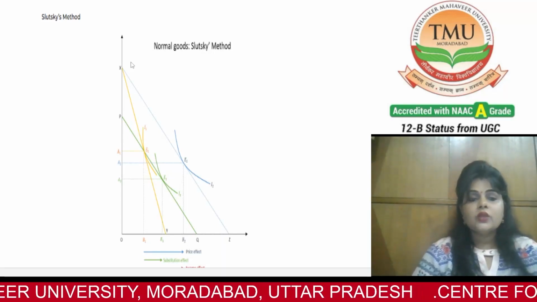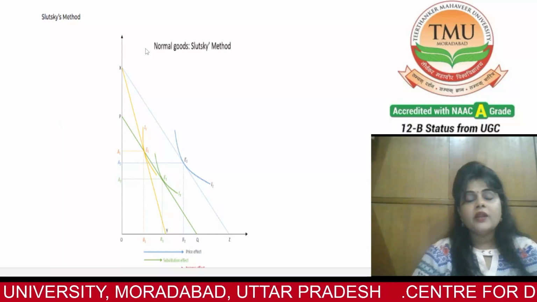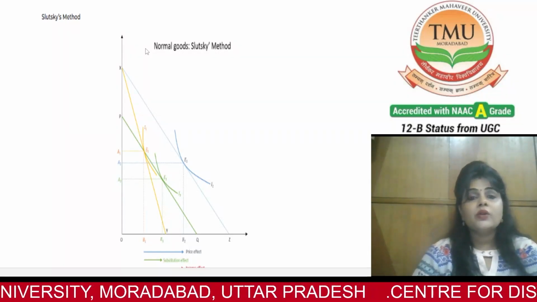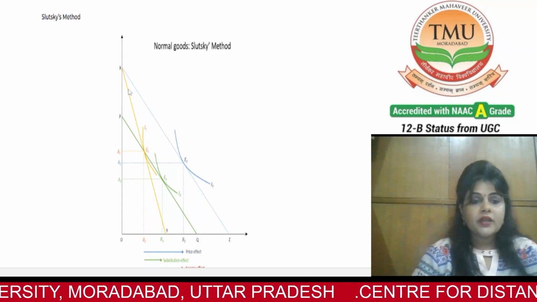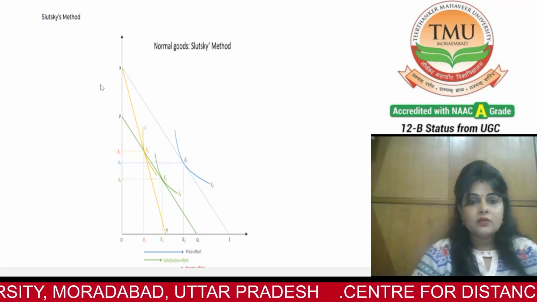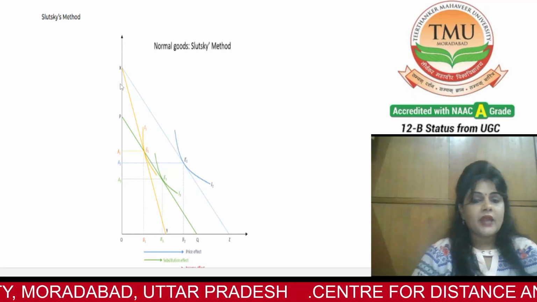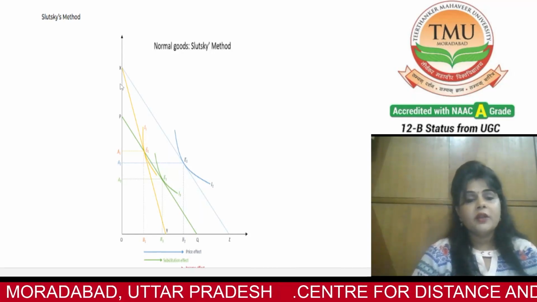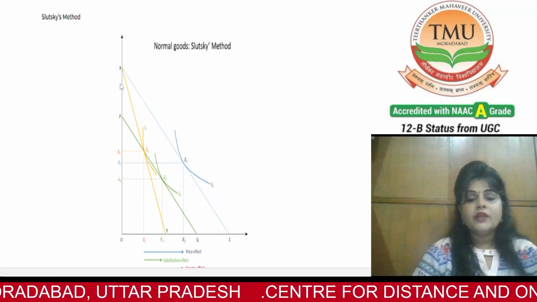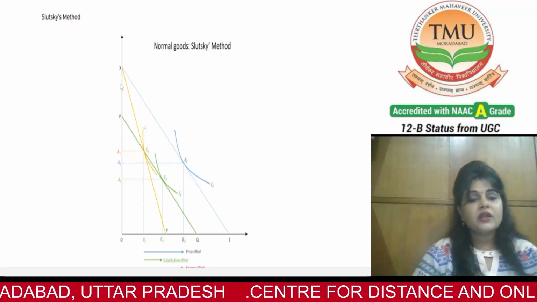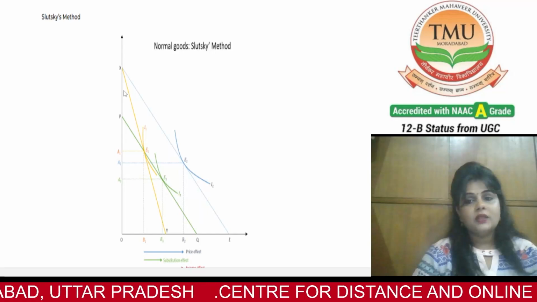At this new equilibrium point E3, the quantity demanded of the commodity is equal to B3. Since the income effect has been offset at this point, the change in quantity demanded is purely due to the substitution effect. The magnitude of the substitution effect is the difference between B1 and B3.